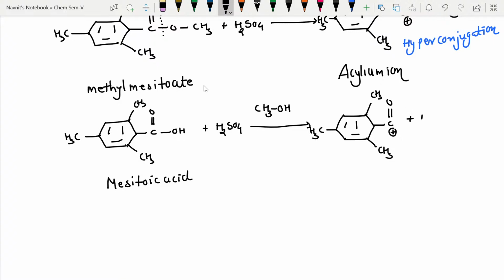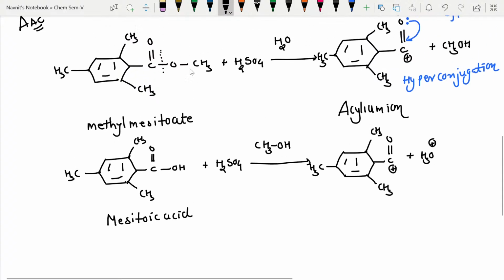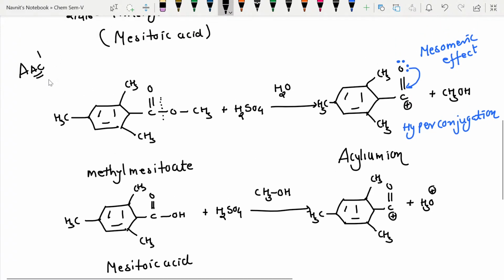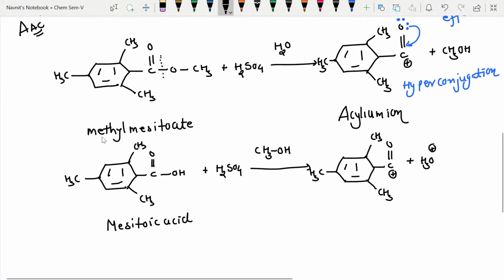And here the byproduct is H3O+ and HSO4-. So both these reactions we can explain through the AAC1 mechanism, because both these molecules, methyl mesitoate as well as mesitoic acid, are able to form stable carbocations.